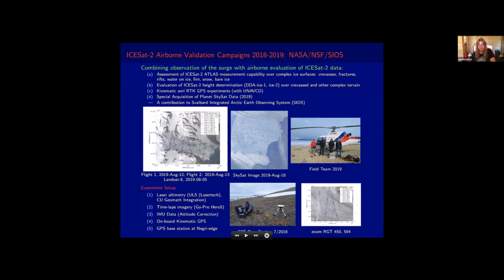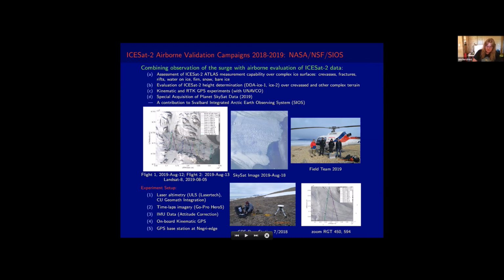We've also carried out some RTK GPS experiments together with UNAVCO to figure out how we best underfly tracks that have this really high accuracy while the helicopter weaves around in the wind, but we've done pretty good.